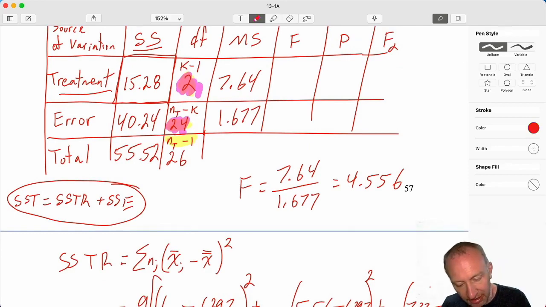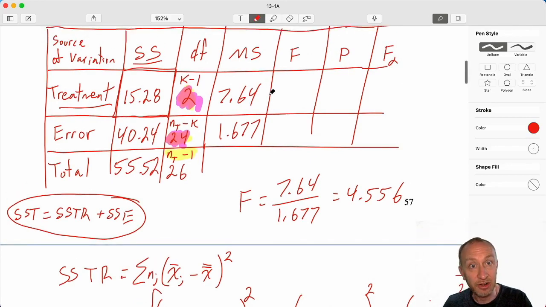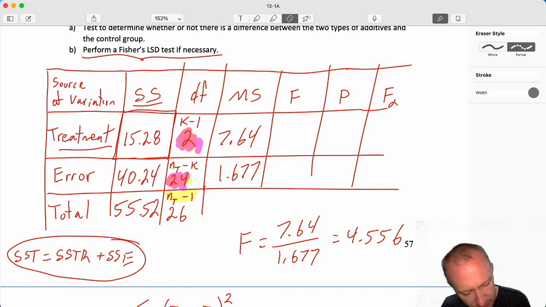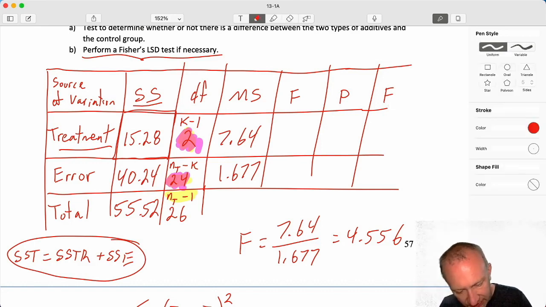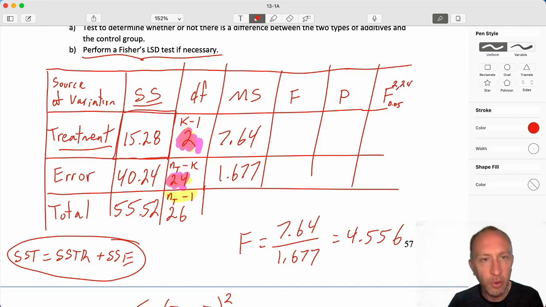While we're at our F tables, we can get our critical value if we do this test, let's say, at the 5% level of significance. This is a distribution with 2 numerator and 24 denominator degrees of freedom.